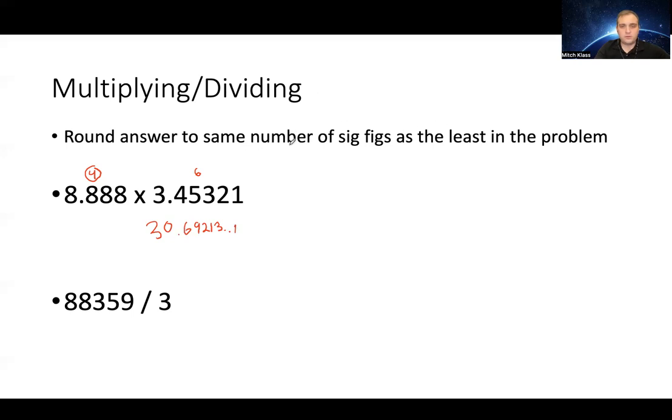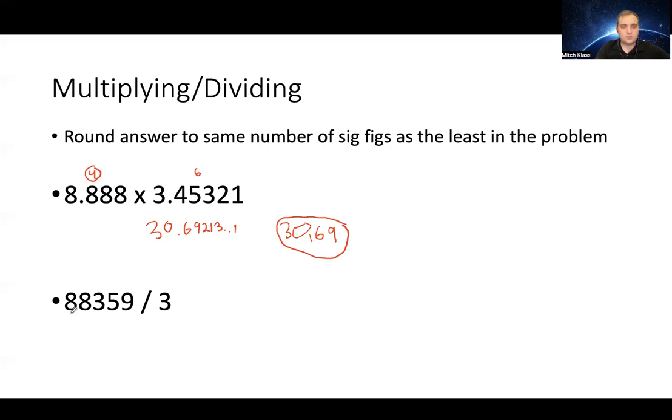Okay, we're going to round this to 4 significant digits because that's the least amount within our problem. This 0 is also significant because it's sandwiched between non-zero numbers. The 6 and the 9 are all significant. So therefore, it's going to leave us with 30.69. Okay, now we're fully rounded. So 30.69 is going to be our final answer.